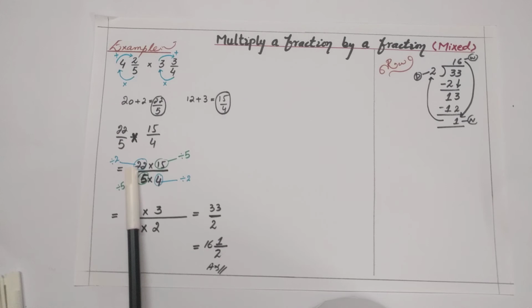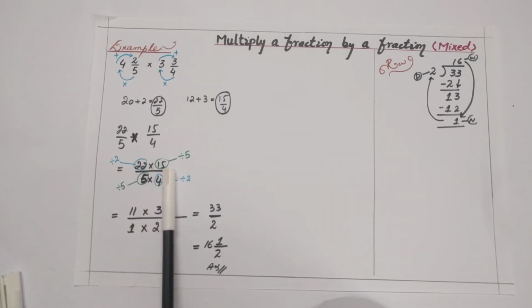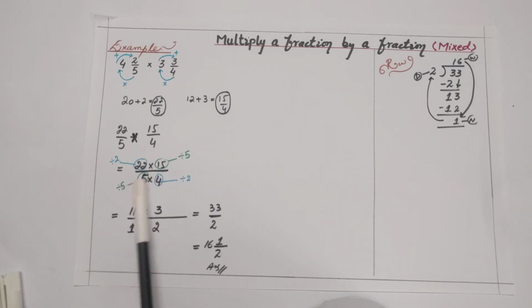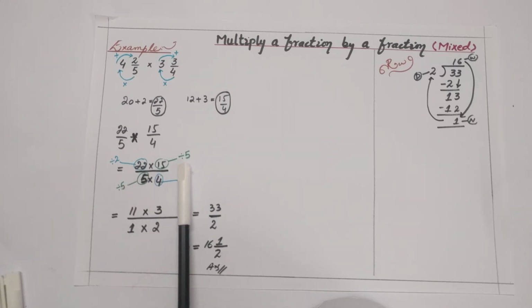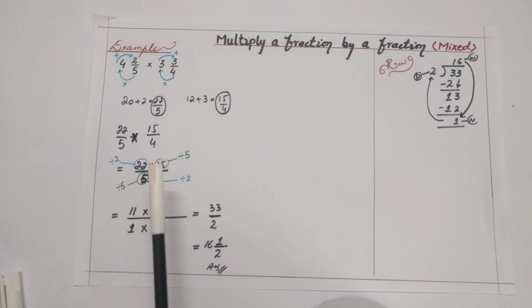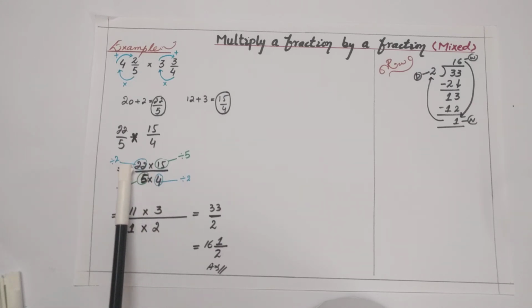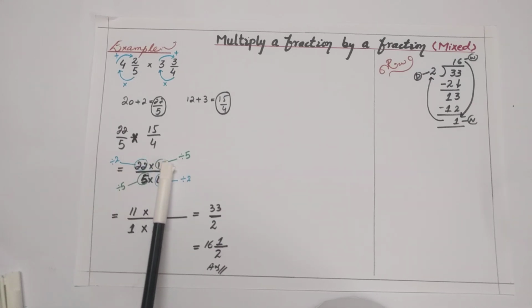Like 22 and 4 are divisible by 2; 4 and 22 have the common factor 2. 5 and 15 have the highest common factor 5. So you can directly divide the numerator and denominator over here by the highest common factor. No need to multiply numerator by numerator and denominator by denominator.